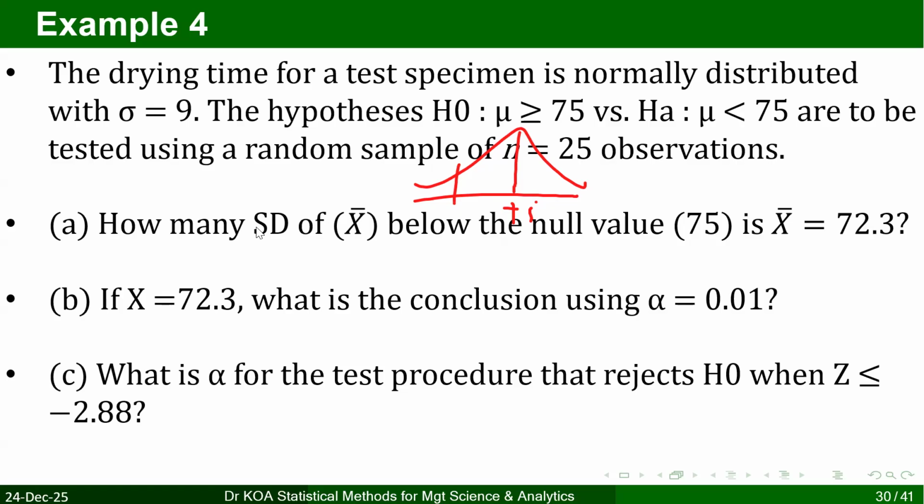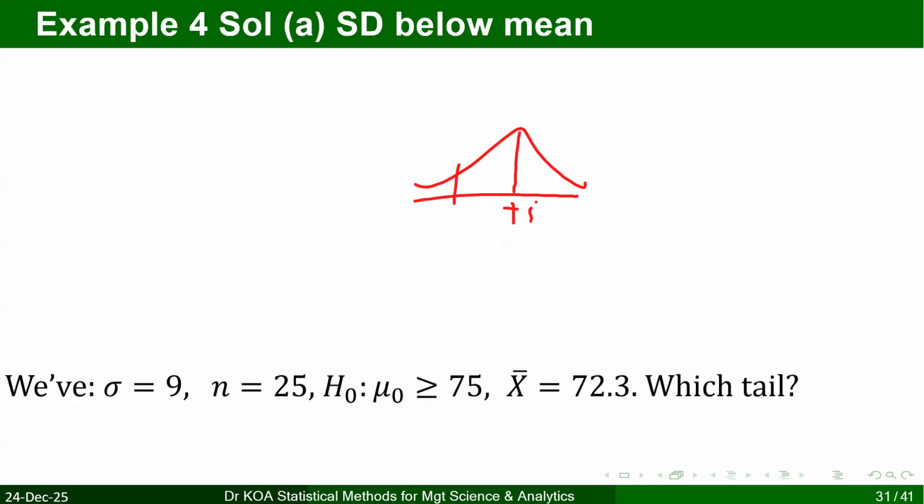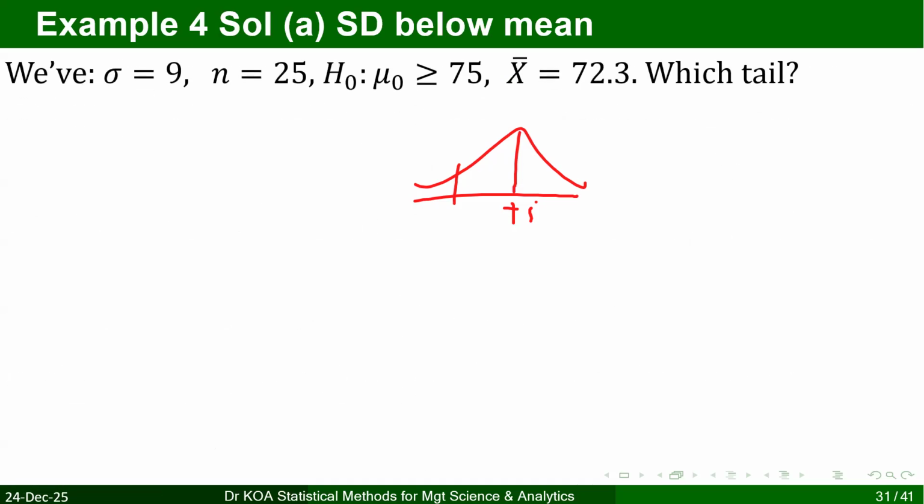You can just look at it. What will be the value? How many standard deviations are below? First of all, we know that this is a two-tail. That one we know. You just take the gap. You don't want to just minus, that's the gap.